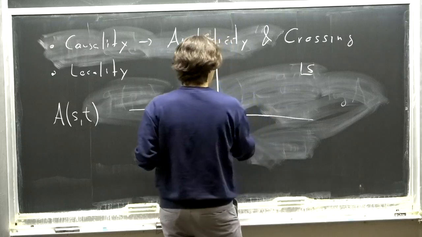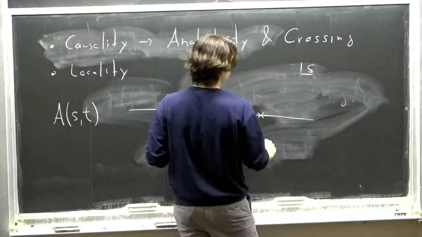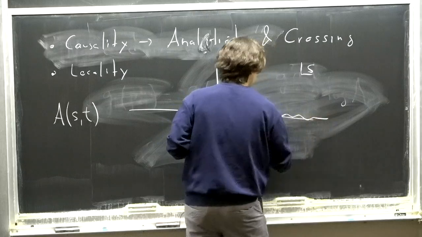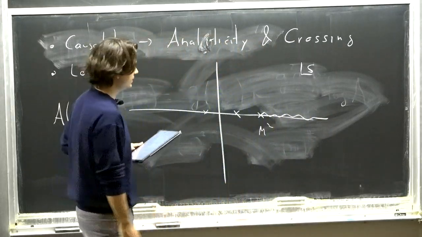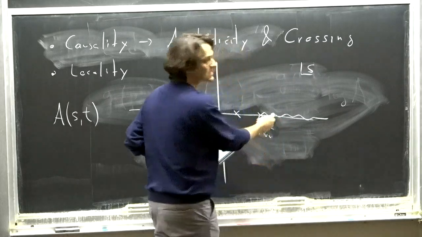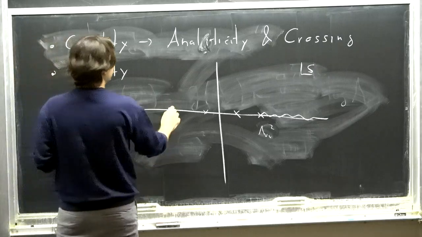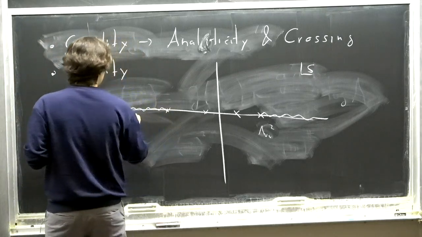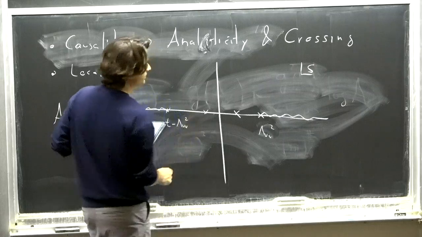Okay, so there can be some poles here at low energies. Maybe there's some branch cuts starting at some UV scale. So for us, this generically would be kind of the mass of the first particle, which is not in the effective theory. On the other side, there's going to be also some branch cut at minus T minus lambda UV squared by crossing symmetry.